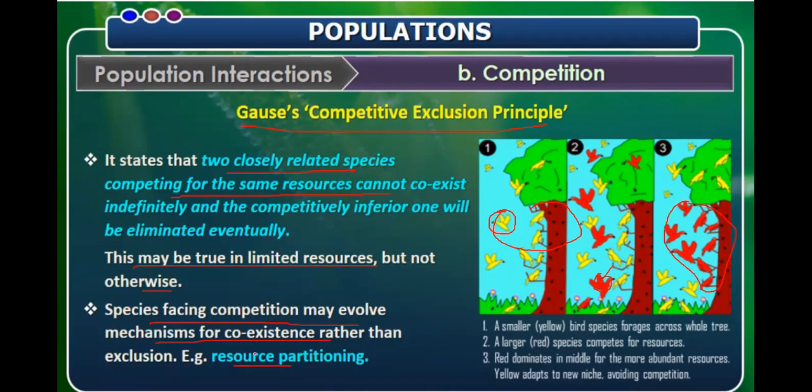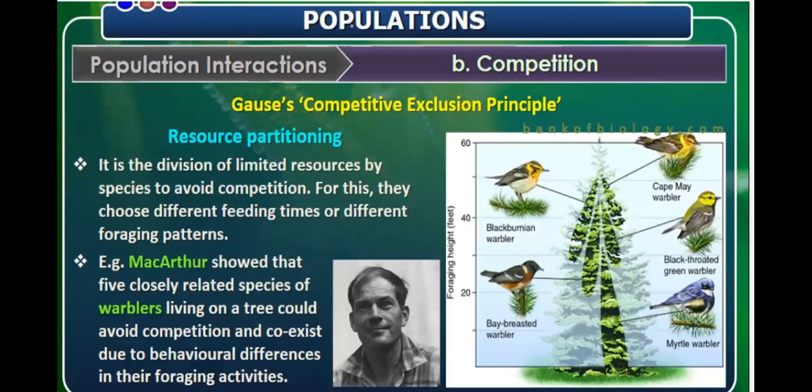So this is called resource partitioning. It is the division of limited resources by species to avoid competition.